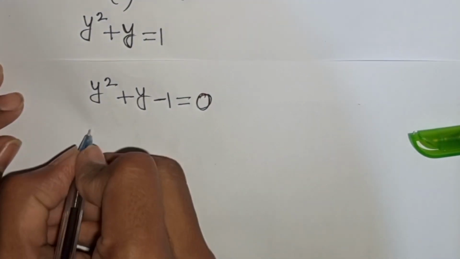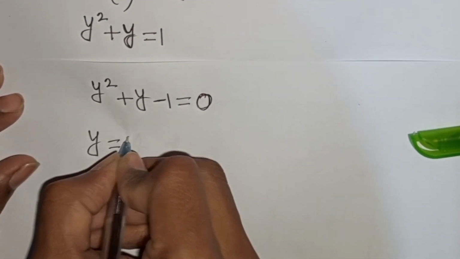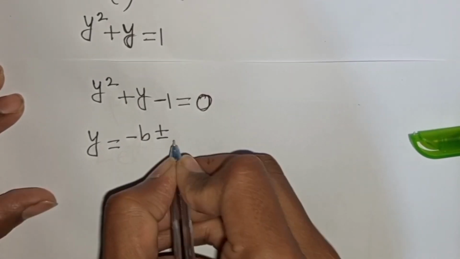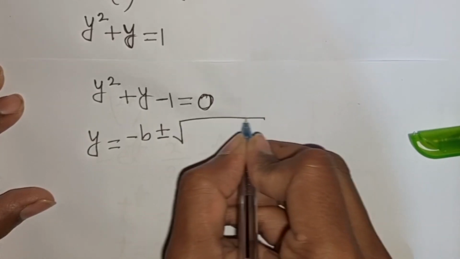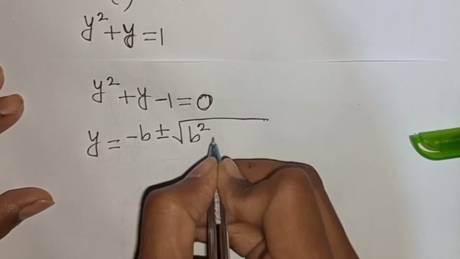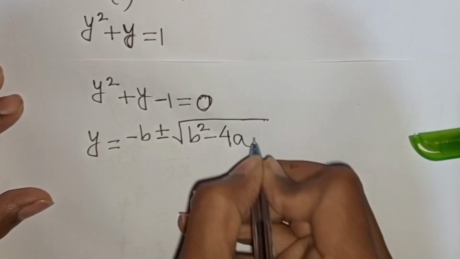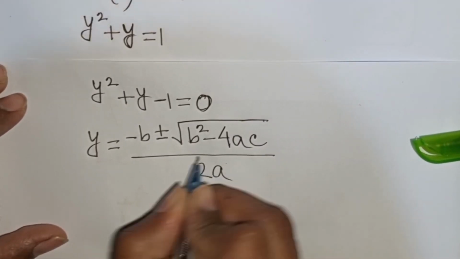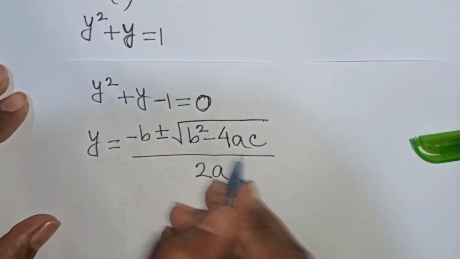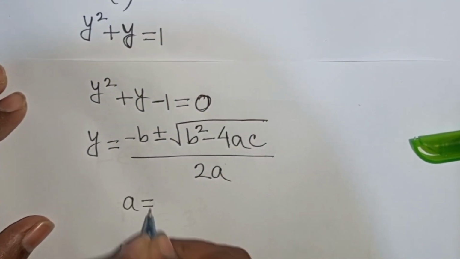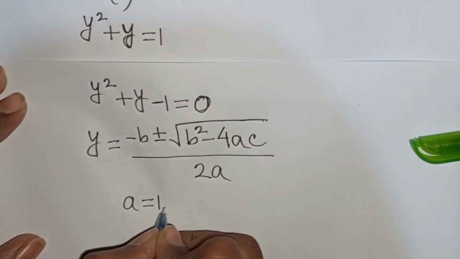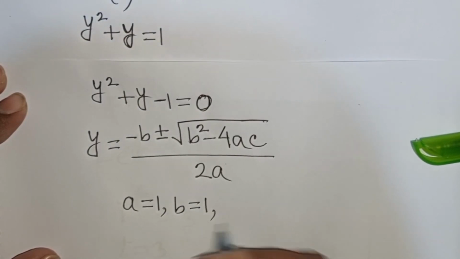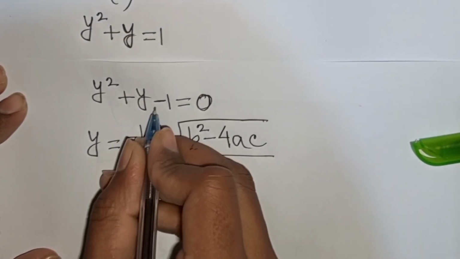So you can write here y is equal to minus b plus or minus square root of b square minus 4ac divided by 2a. Here a will be equal to 1, then b will be equal to 1, after that c will be equal to minus 1.